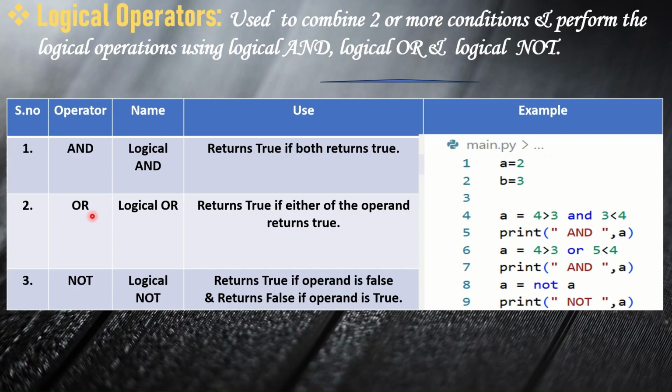Similarly, the OR operator is the opposite of the AND operator. This OR operator returns true if either of the operands or either of the conditions returns true. Here we have the example A equals 4 greater than 3 or 5 less than 4. If either of the conditions becomes true, this OR operator returns true in the result.